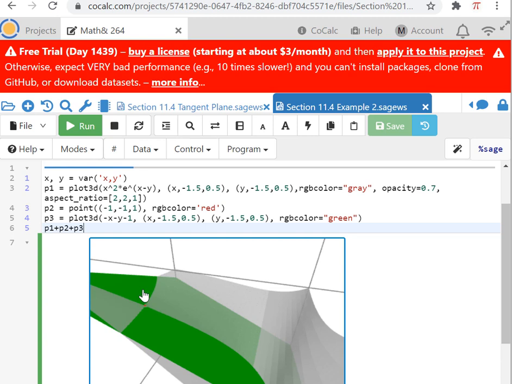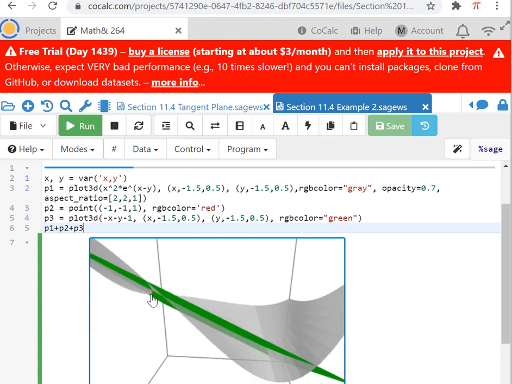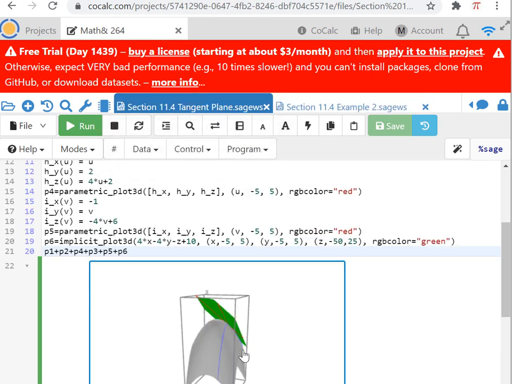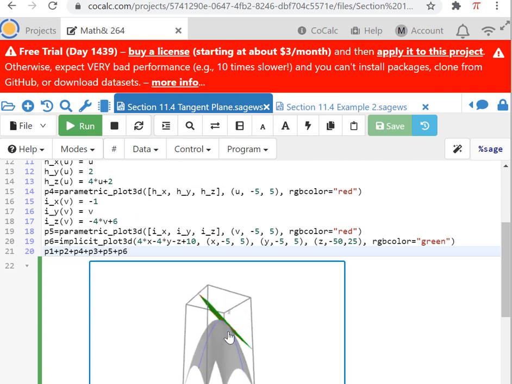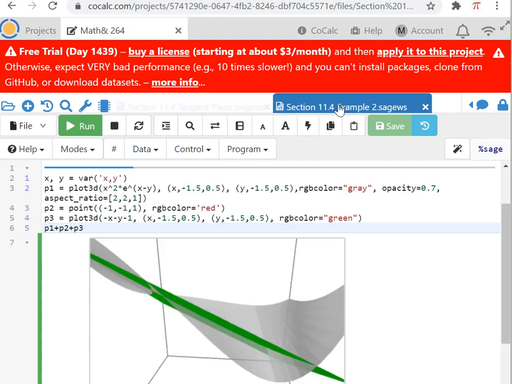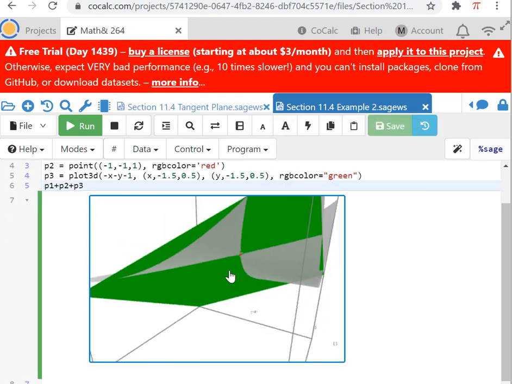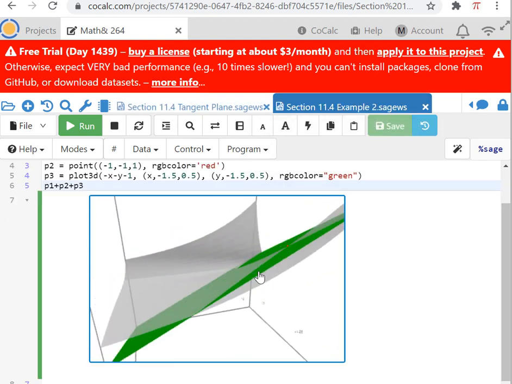And then in other regions, it dips down below the plane, and yet still the plane is a really close approximation there, right? And that's different than this one, where this one's a little more kind of what you would visualize with a tangent plane, kind of sticking that flat surface, kind of gluing it to the surface there. But both are the tangent plane, a good approximation of the function at that particular point.